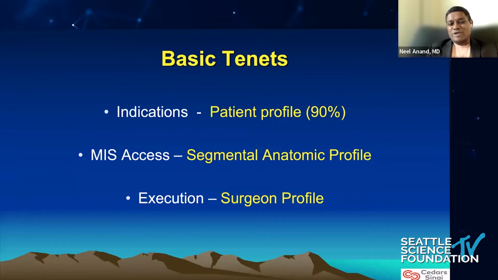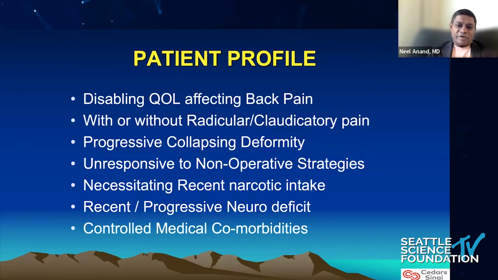It's a segment to segment anatomic profile that matters. Every segment is individually studied. And then the execution. I put a surgeon profile because we each like to do what we do, and that's fine, as long as we execute what we are going to do to take us where we want to get. So it's not about a technique, and that's what I want to make really clear. It's about really a global protocol of addressing the issue.